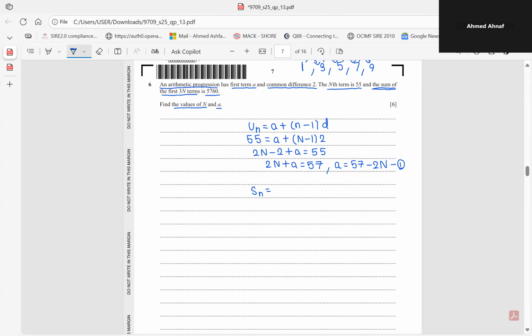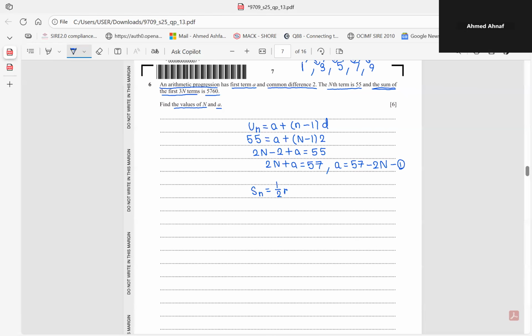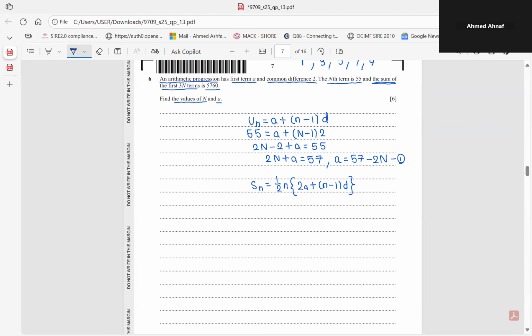So Sn equals half n times 2a plus n minus 1 d. Okay, so let's sub n equals 3 big N. So this would be 5760 equals half times 3 big N times 2a plus 3n minus 1 d, which is 2.